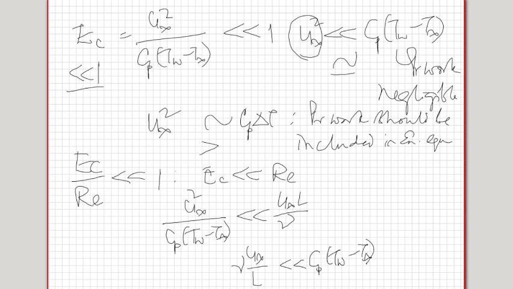Now, in some sense, this nu U infinity by L is representative of the shear stress, because U infinity by L is representative of a certain velocity gradient. Okay, and velocity gradient multiplied by kinematic viscosity gives me the viscous shear stress.